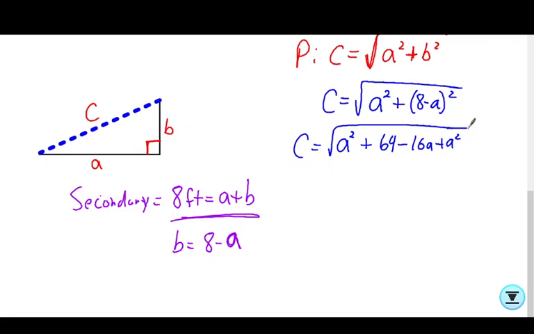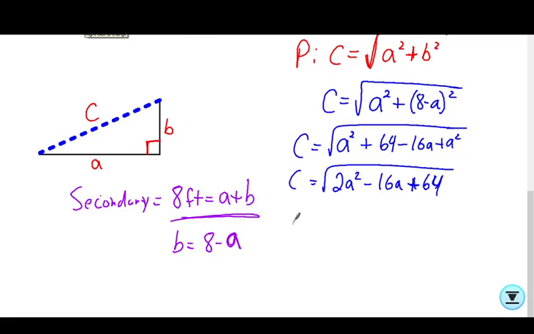Once you FOIL it out, 8 times 8 is 64, negative a times 8 is negative 8a, times 2. Then I simplify, because I have 2a squared minus 16a plus 64. I'm just going to rewrite it there, which is going to make my derivative so much easier to take, because that's the next thing I'm going to do.